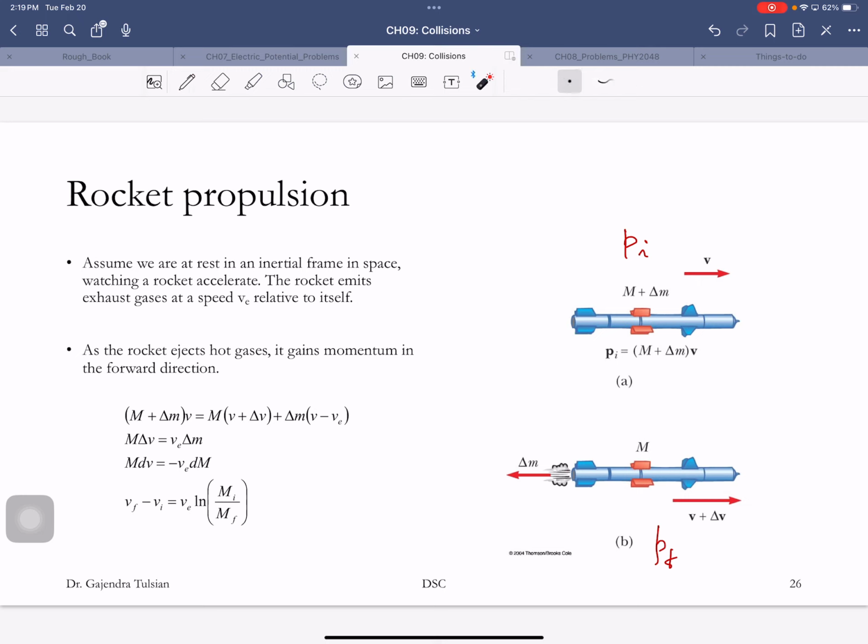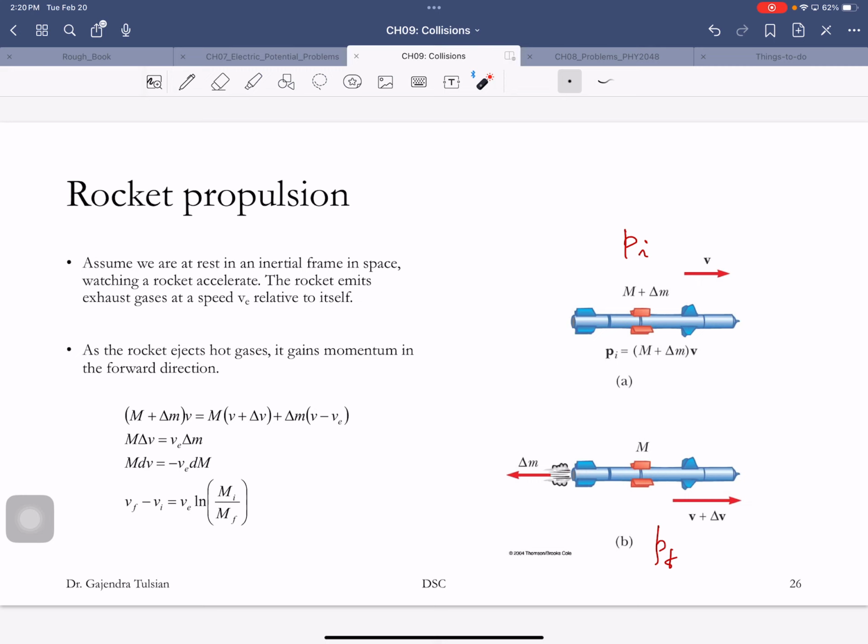So this guy is that guy, and this guy is that guy. Now its mass is less, but its speed is greater. There's the momentum, and that's the momentum of the stuff that you spit. That's the exhaust velocity, and the exhaust velocity is given relative to the rocket.